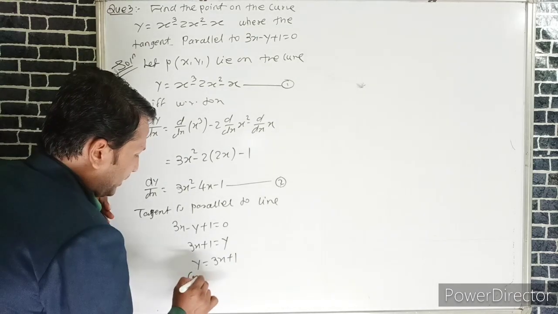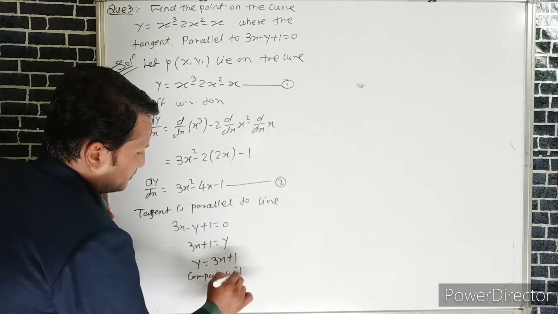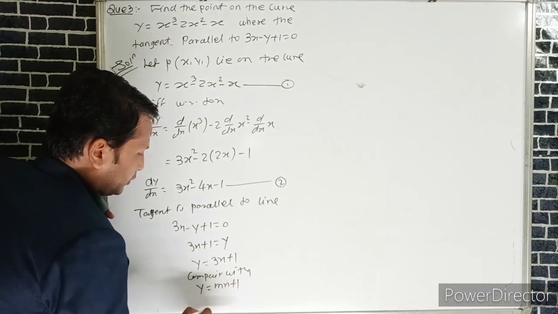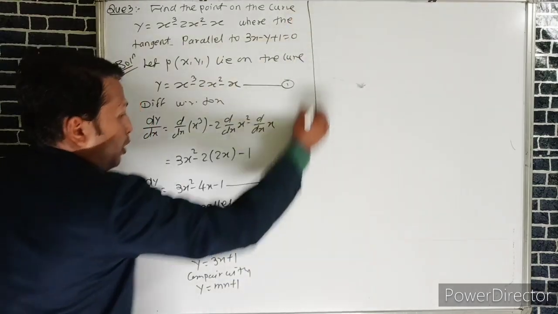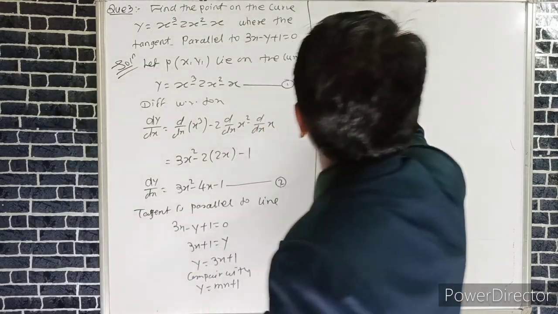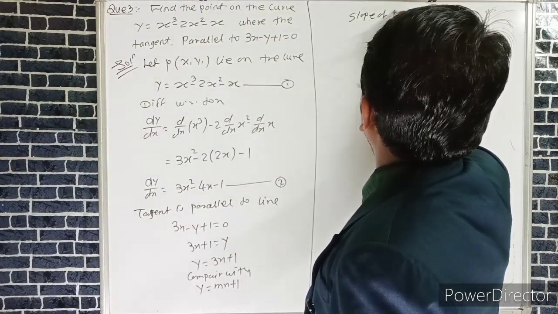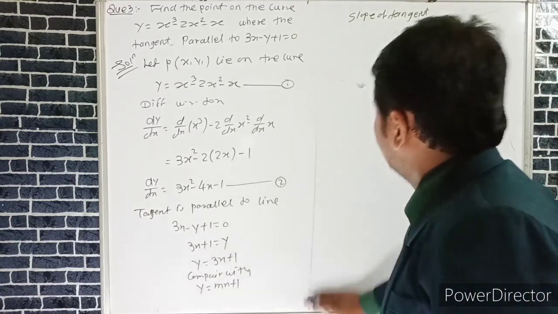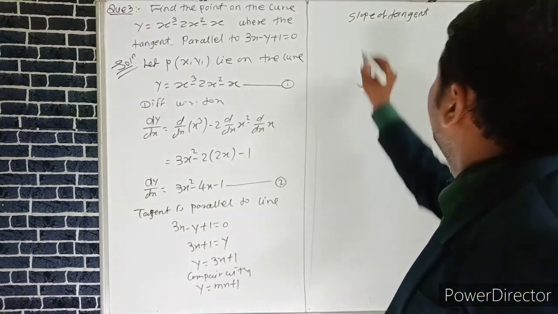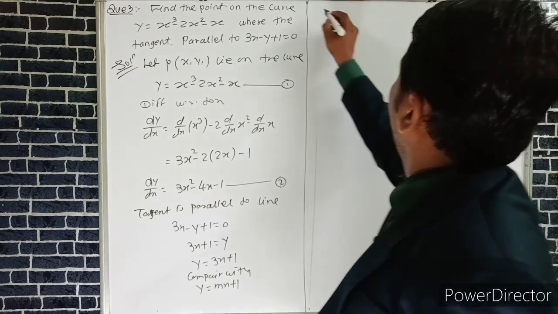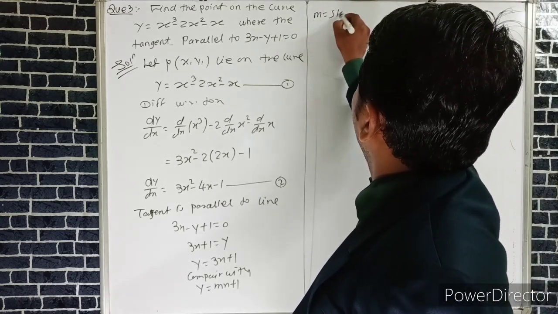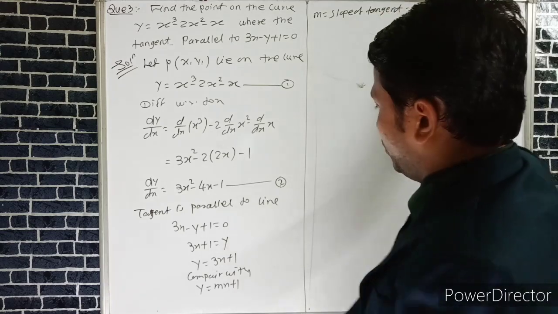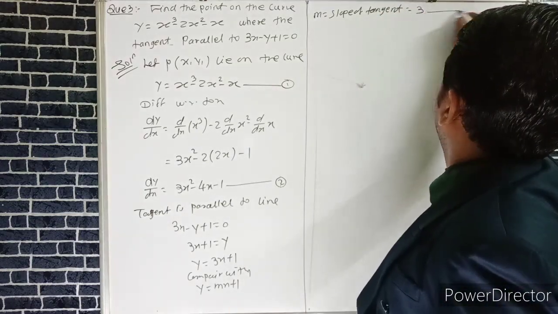If we compare with the slope form y equals mx plus c, we can write the slope of the tangent, m, equals 3, equation number 2.